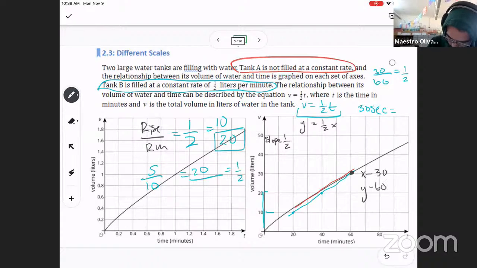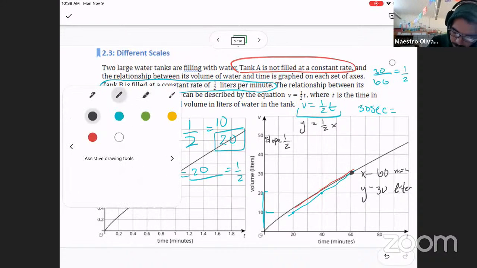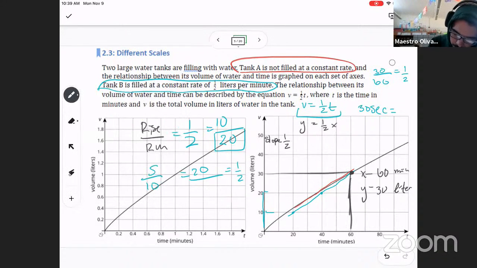60 and 30. 60 minutes, 30 liters of water. And you know this is true because at this exact point, the two lines are crossing each other.